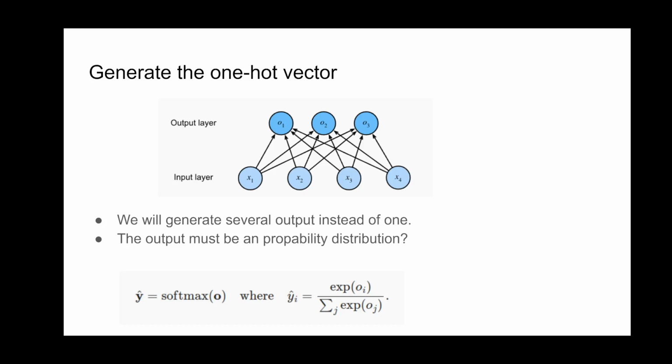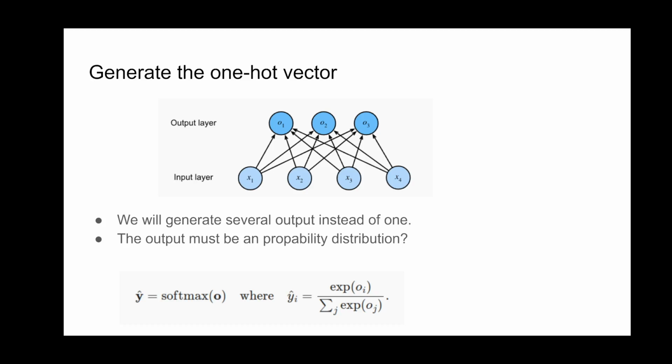But in order to be a probability distribution, the summation of the output layer values O1, O2, O3 must be 1. But in a neural network, it's hard to guarantee that. And if we hope that the model will do the job for us, it's not easy for the model to make the summation of the values to be 1.